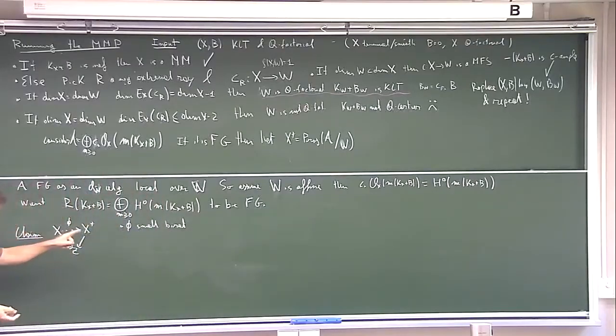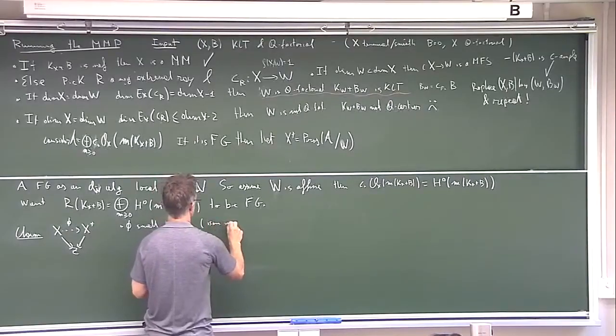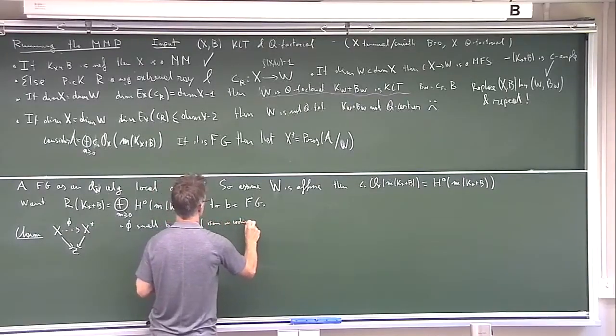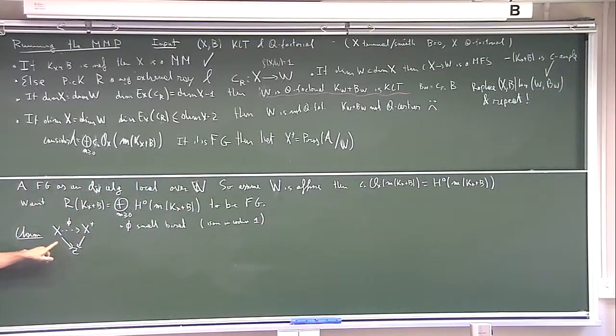Small means that these are isomorphic in codimension 1. Remember, I know that this map does not contract any divisors, so this is clearly isomorphic in codimension 1. What I'm saying is that I haven't extracted any divisors. I haven't created any new divisors on X^+.